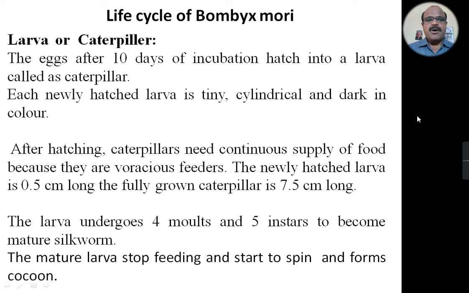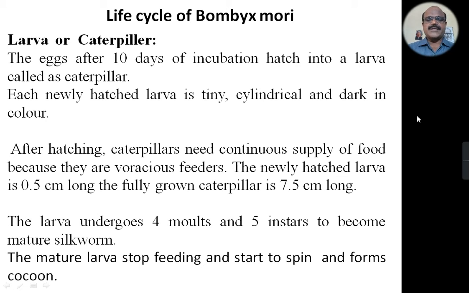Molting means the process of shedding the old skin and growing a new skin. After 4 molts, the fifth instar is going to become a mature silkworm.